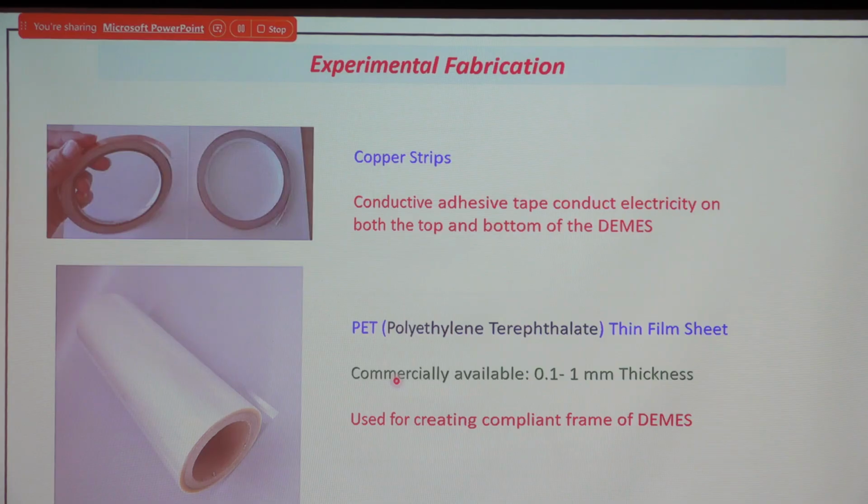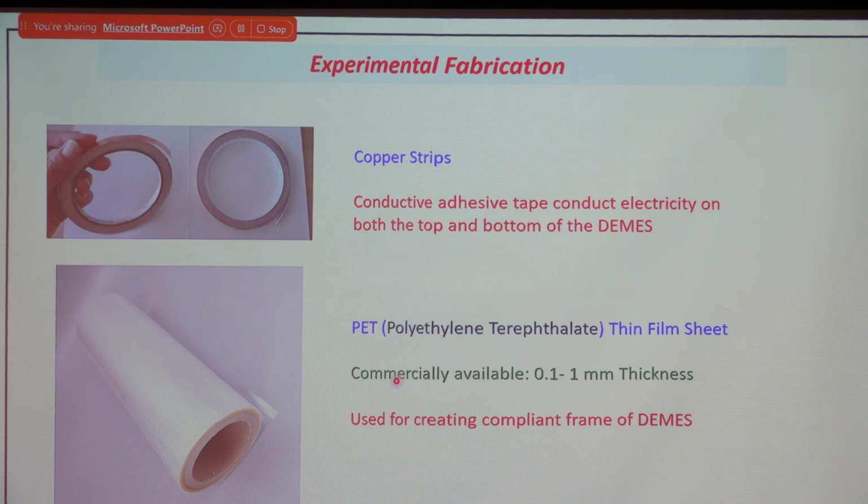So depending upon your application, where you want a small amount of actuation but large stiffness of the entire structure, go for the frame with the higher thickness. And vice versa with the membrane. You can tune both of them, optimize, you can take the optimized parameters to get the optimized actuation range of the DMS actuator. Is it fine?